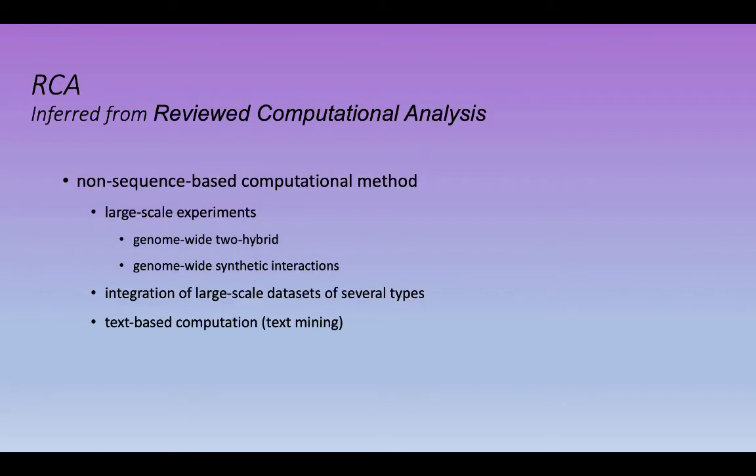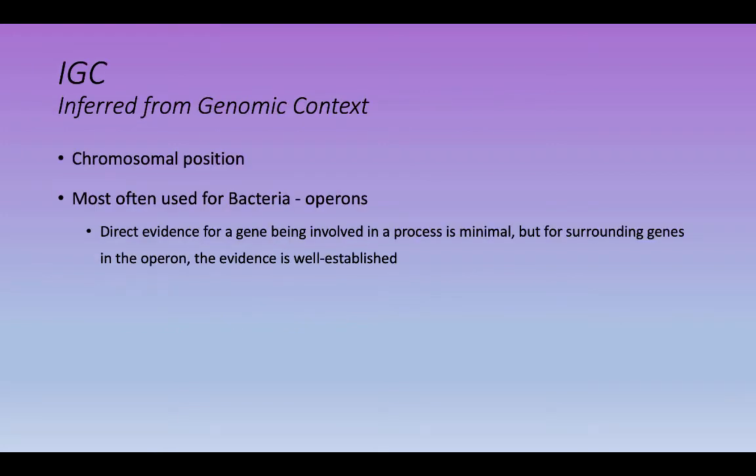Text mining, which isn't based on any sort of functional knowledge. I could infer things by genomic context, like where in the chromosome these things might be located, or if they're associated with specific expressed groups like operons in bacteria.